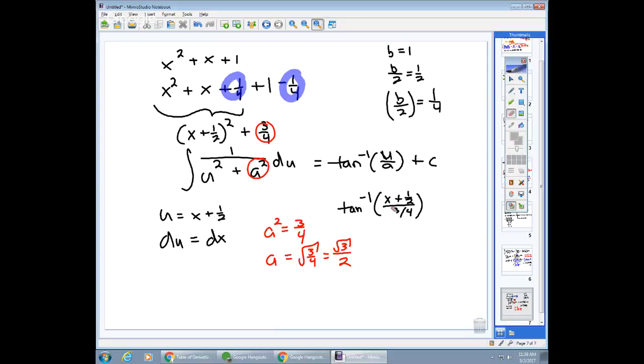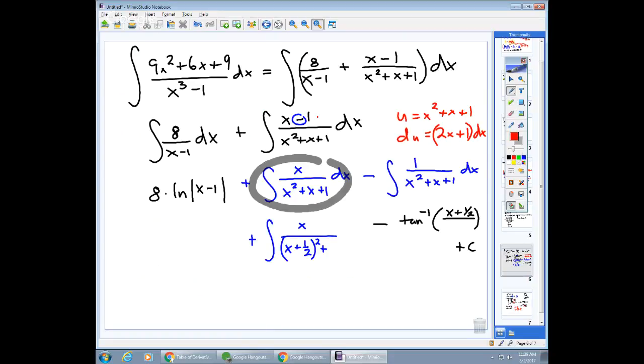So fixing this, we get the square root of 3 over 2 there. Okay, so fix that. All right, back here. 3/4 dx.